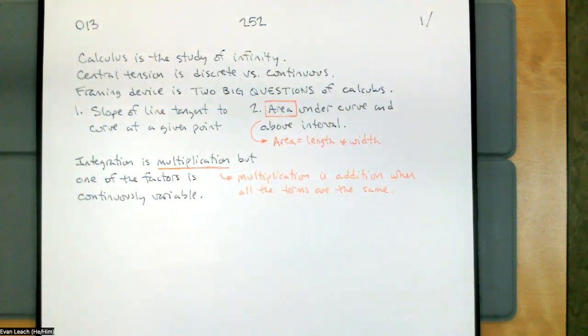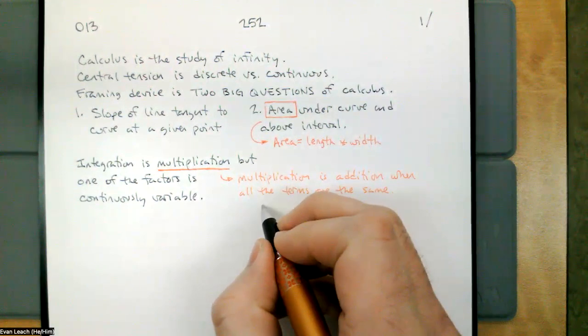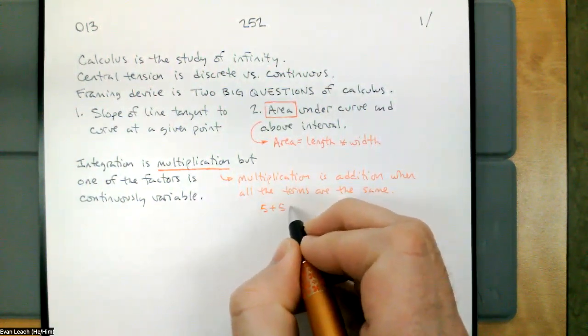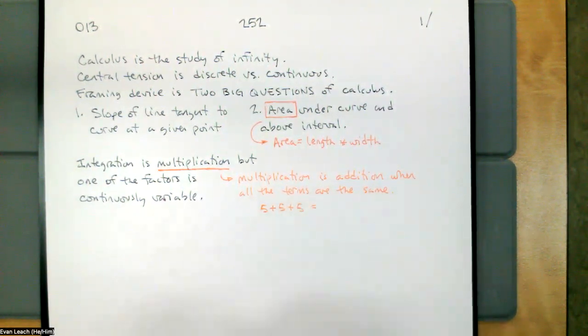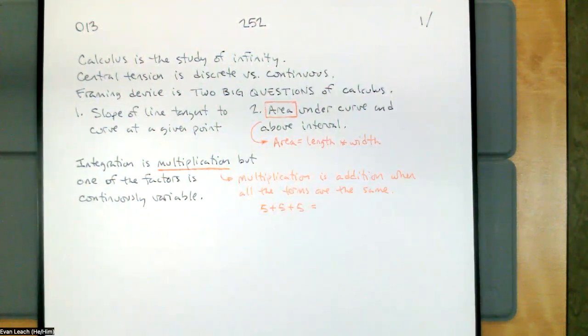So if I have an addition problem that says 5 plus 5 plus 5, we notice that all of our terms are the same. So we get to use multiplication. Let's summarize this by saying 3 times 5.